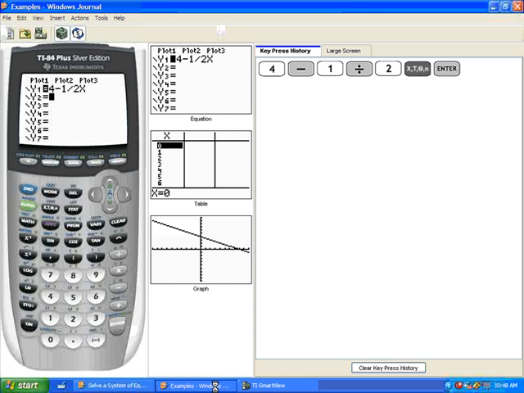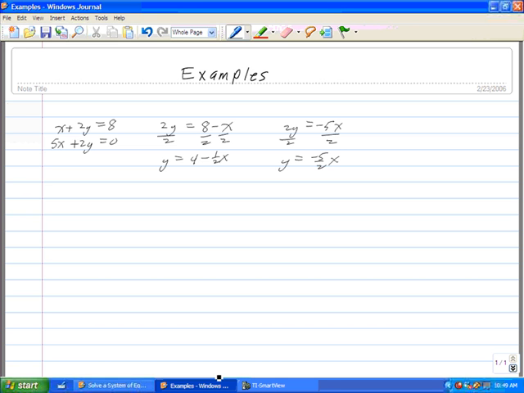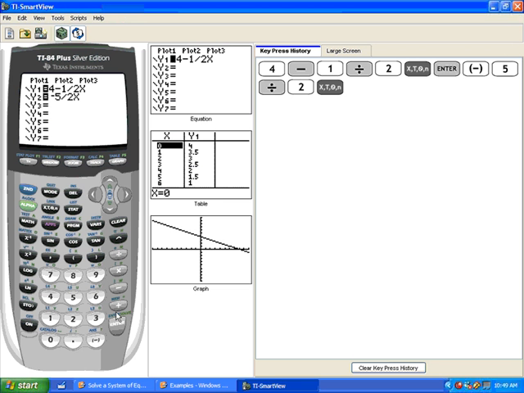The other equation was negative 5 halves x. So we'll put that in. Negative 5 halves x. Now, we can look at this and once again see that our first slope and our second slope were not the same.